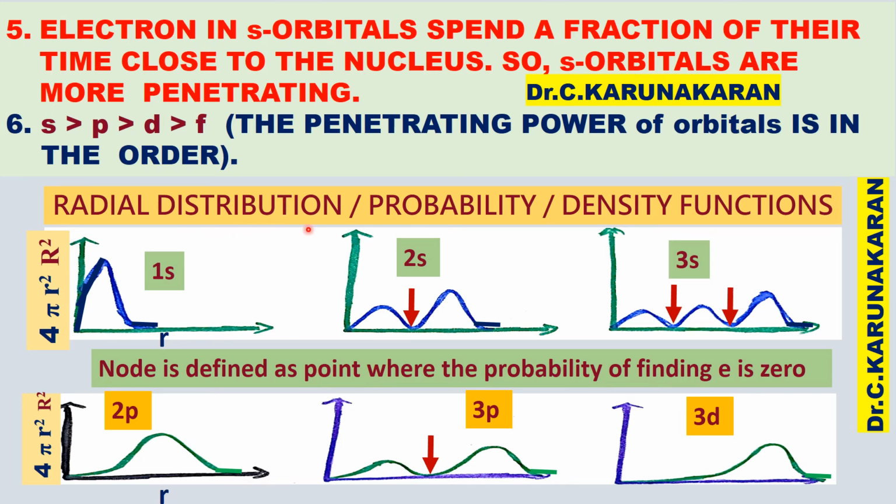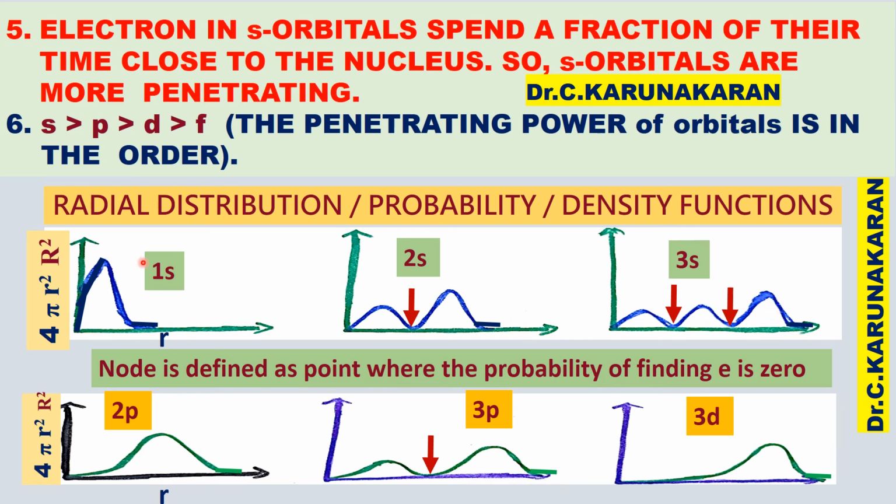Here the radial probability function curves for the 1s orbital, 2s orbital, 3s orbital, 2p orbital, 3p orbital, and 3d orbital are shown. From these curves, in the 1s orbital, the electron spends a fraction of its time close to the nucleus, whereas in the 2s orbital the electron is much farther away from the nucleus, and the 3s orbital is also far away.